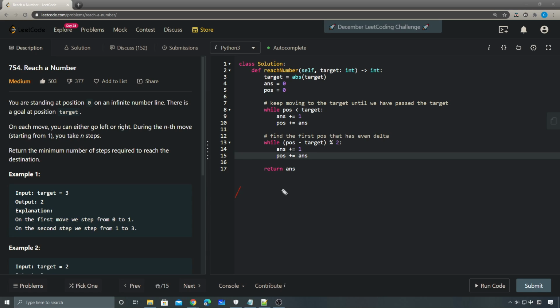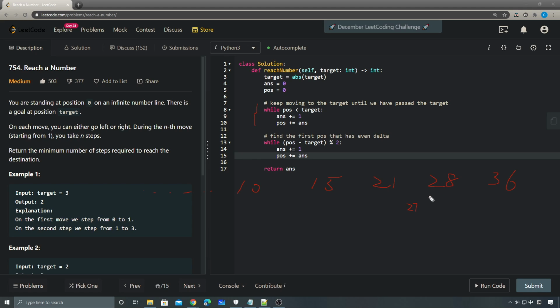Let's say we have these numbers: 10, 15, 21, 28, 36, and for example we have 27 as a target. The position after the first while loop is 28.